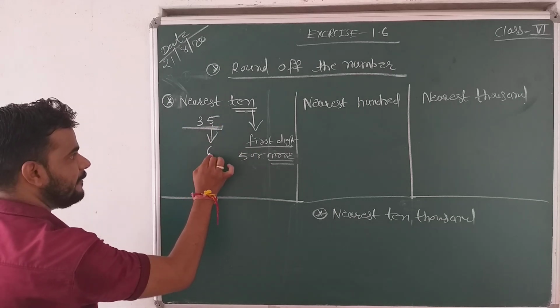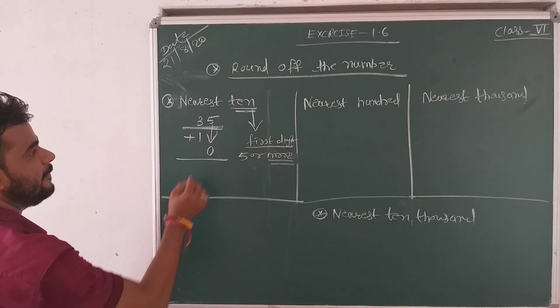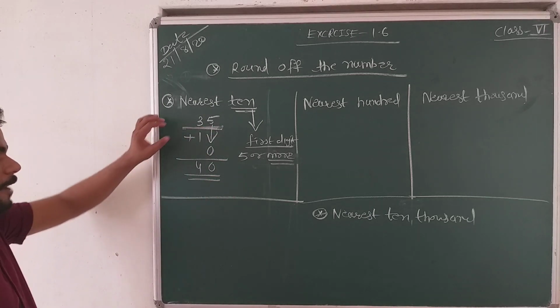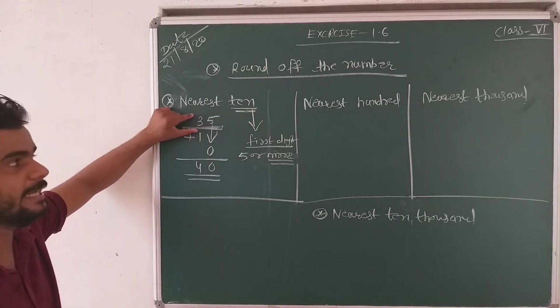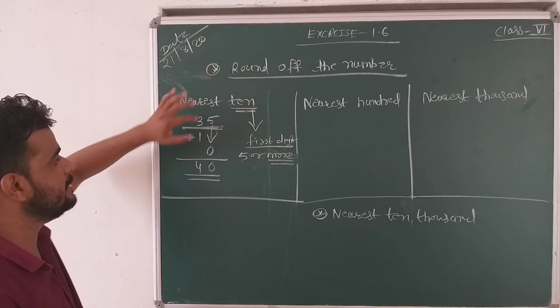Then instead of 5 we will write 0 and add 1 in front of the 3. So the result is 0 and 3 plus 1 is 4, 40. So the round up of 35 by nearest 10 is 40.